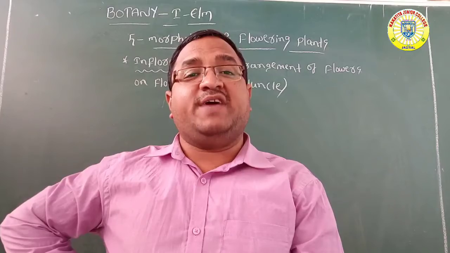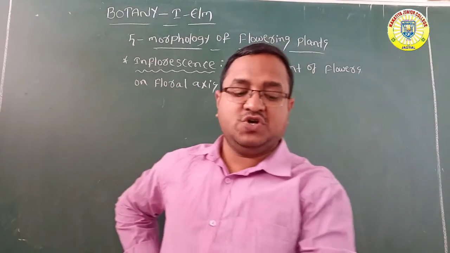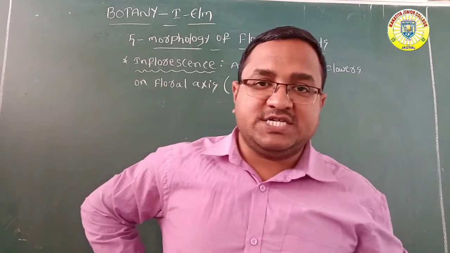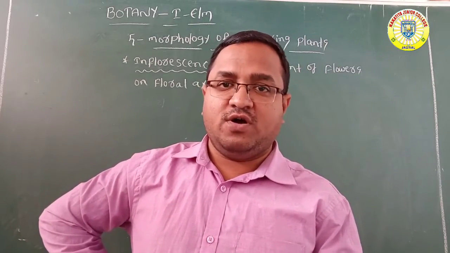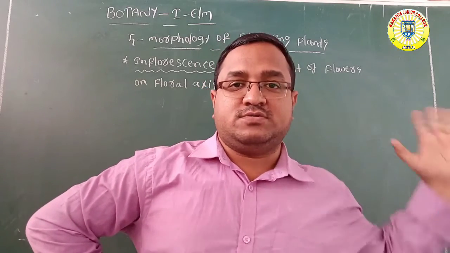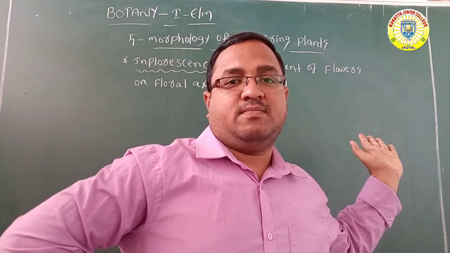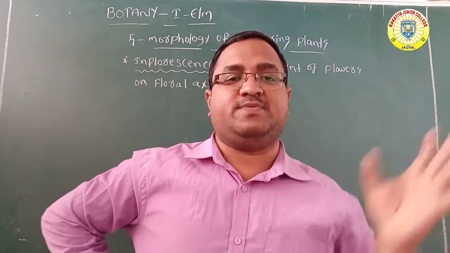A flower is a modified shoot, where the stem apical meristematic tissue is changed into floral meristem. A flower is nothing but one of the modifications of the stem.